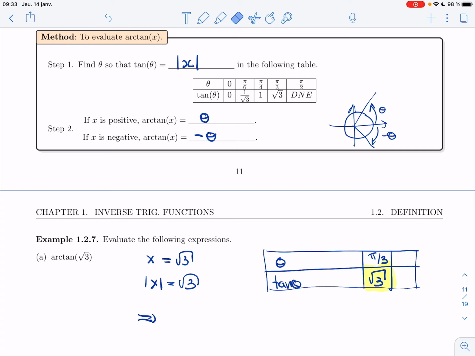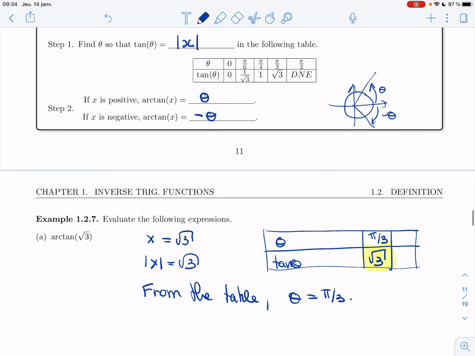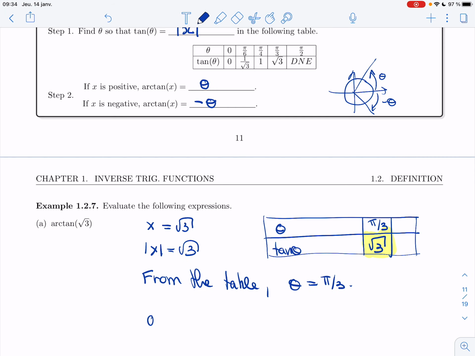So from the table, I get that theta is pi on 3. All right, perfect. So if I'm asked for arctan of root 3, x is positive, and so I don't change anything. I just get pi on 3. All right, so the root 3 I gave you, that was the tan value, and you had to come up with the angle.